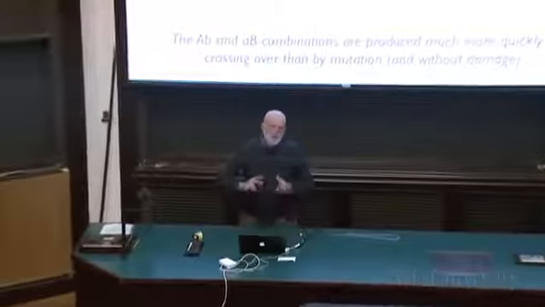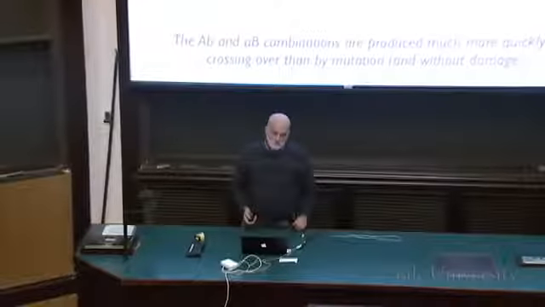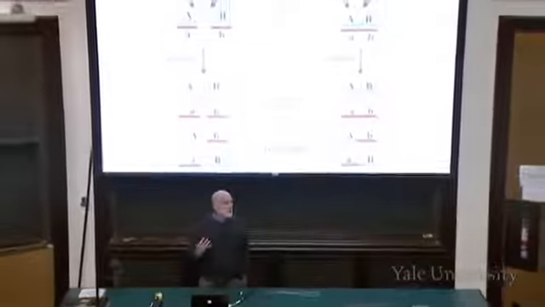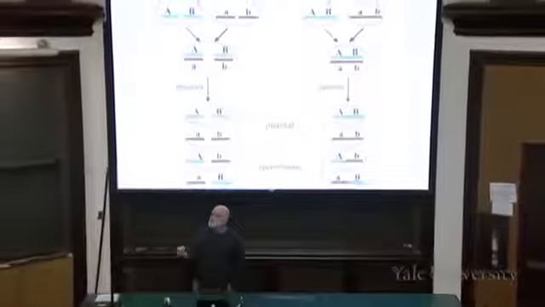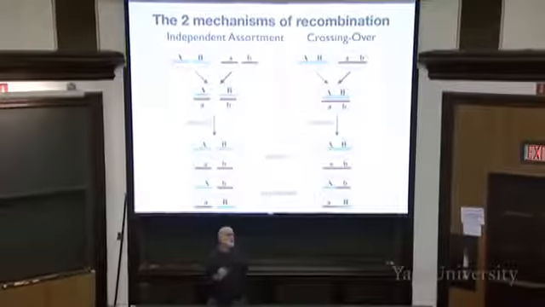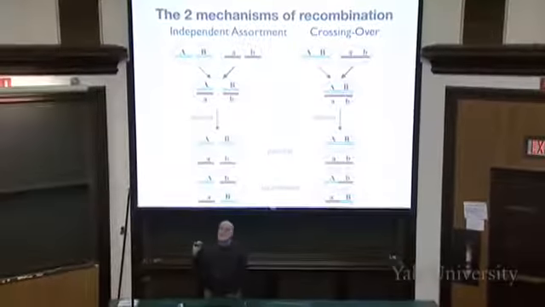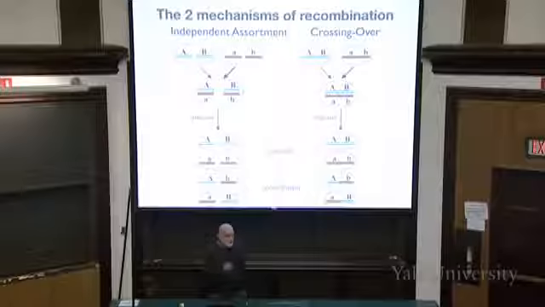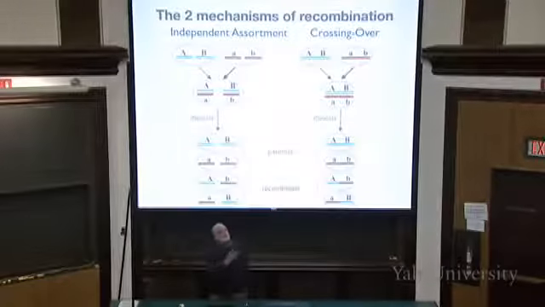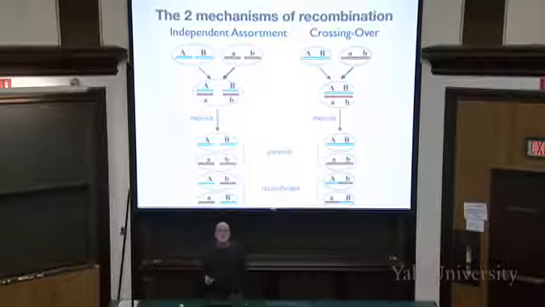So these things are continually being shuffled. And the point of that is that there are two mechanisms of recombination. Remember this. Okay? When we say that the genes recombine, they do it both because the chromosomes get shuffled and because there is crossing over. The crossing over generates new combinations within chromosomes, and the chromosome assortment generates new combinations within the genome. Both things are going on.